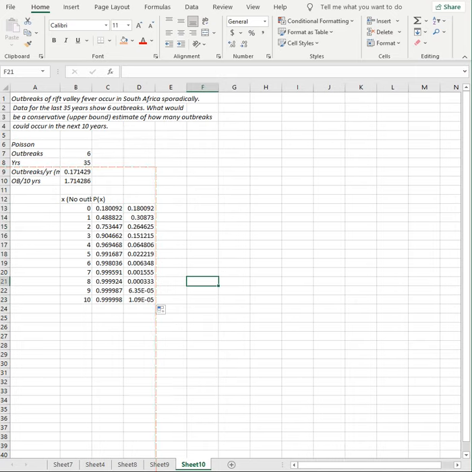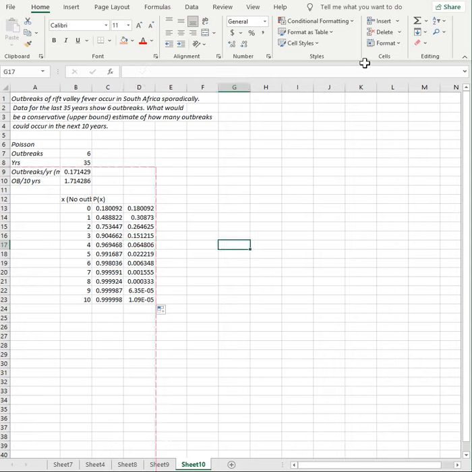So if you had to pick one number for how many outbreaks are going to be in the next 10 years, you'd probably put your money on 1, because that has the highest single percentage. So this has got an 18% chance of there being no outbreaks, 30% chance of there being 1 outbreak, 26% chance of there being 2 outbreaks, 15% 3, and so on.